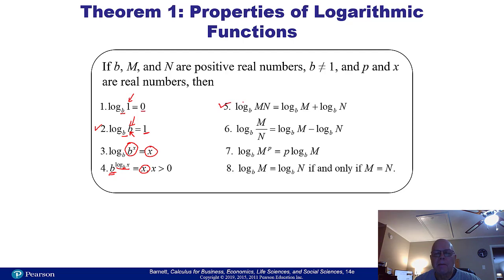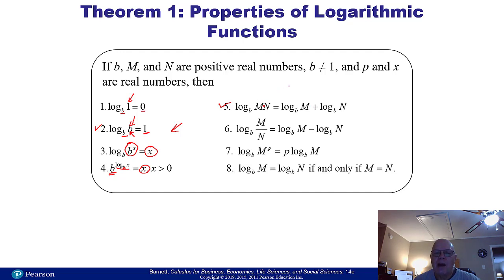Next one. Now you're going to use these even more. The ones over here, you can figure those out as you go, but it's handy to know those real quickly. The next one, we've got the logarithm, base b, of a product, m times n. Another way of writing this, some will call it a simplified form, because there's no multiplication over here, is this.